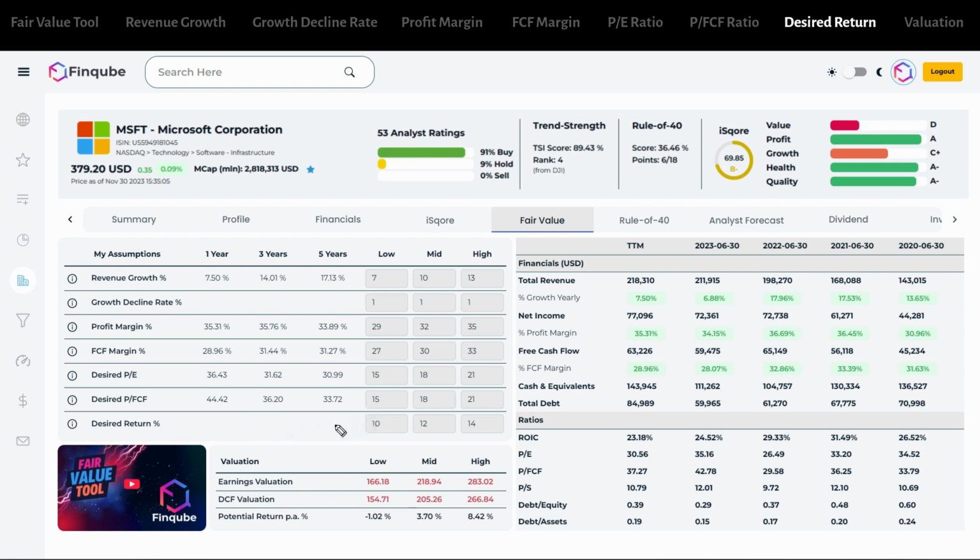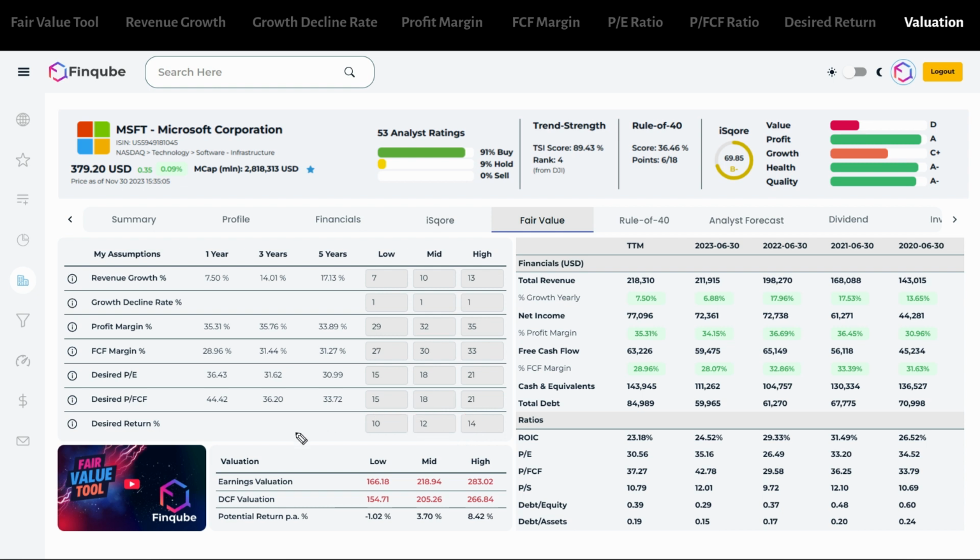And I'm pretty sure you know also that the market makes an average between 7 to 9%. But what I do here, I don't do passive investing with an ETF. I do some investing in an individual company. And that's why I want a bit higher returns. I want 10 in the low, 12 in the mid, and 14 in the high to have also kind of higher margin of safety for my investment here.